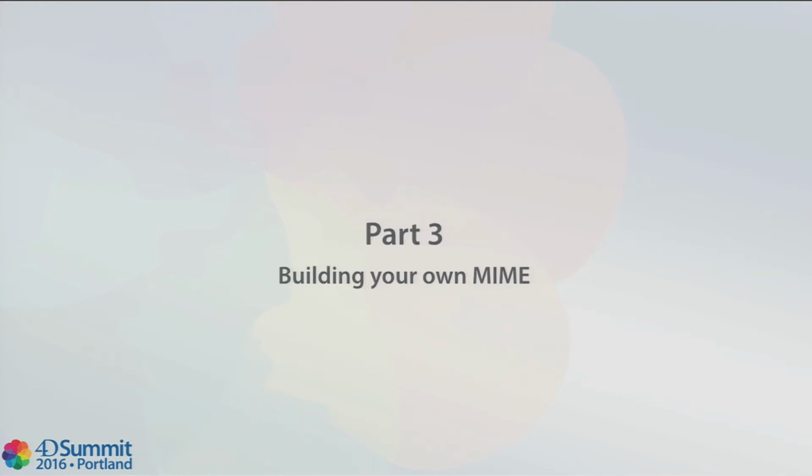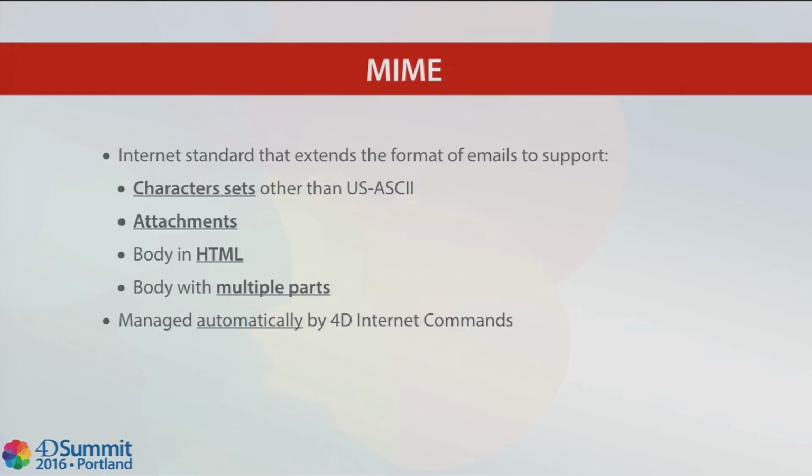Now let's talk about MIME. What is MIME? Well, in its early days, an email was very simple. It was just plain text. The format had some headers, header name, value, two empty lines, and there was the body in plain text. It was similar to HTTP, and that was good.